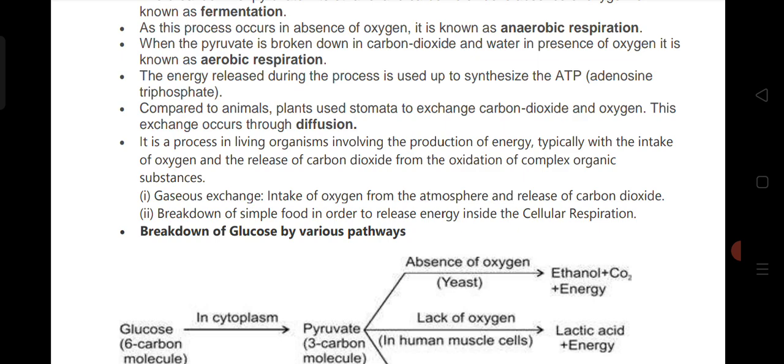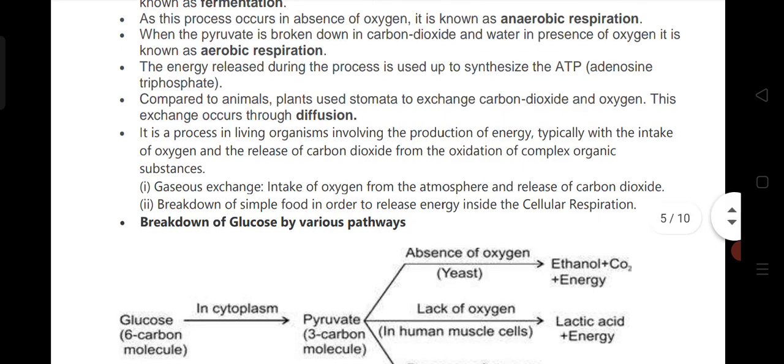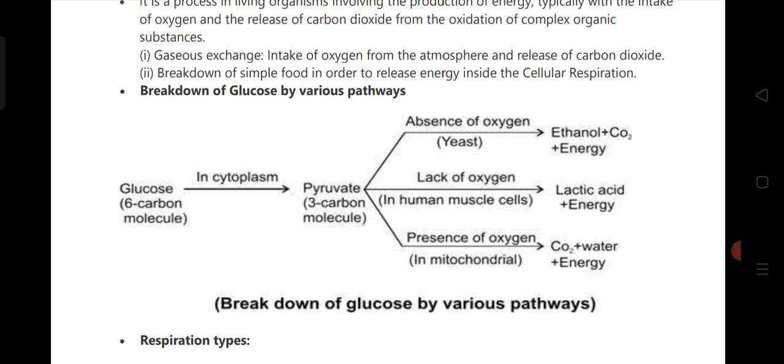Whenever the simple food is broken down into simpler forms, there is a release of energy inside the cell, and that release of energy inside the cells is known as cellular respiration.